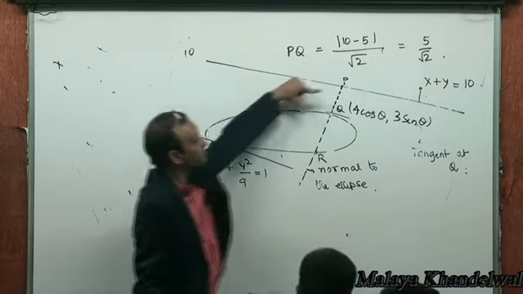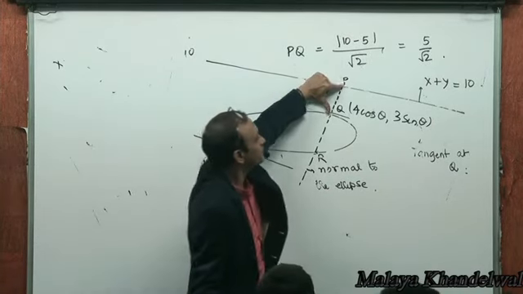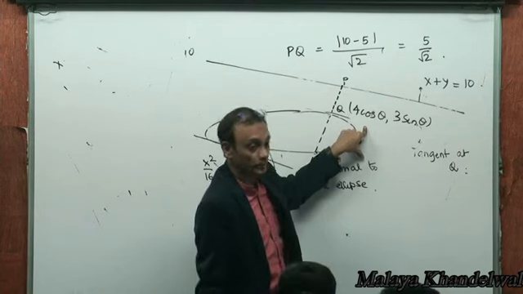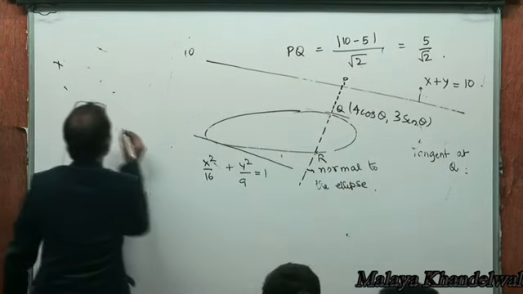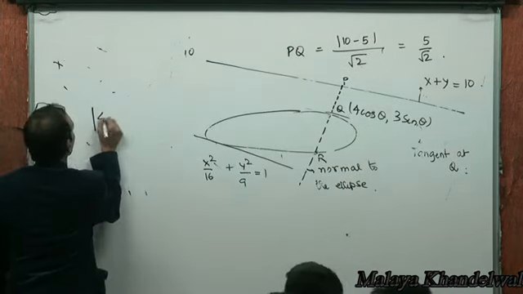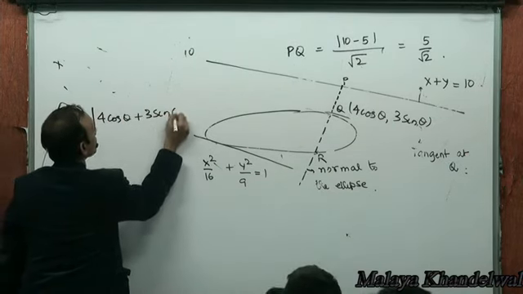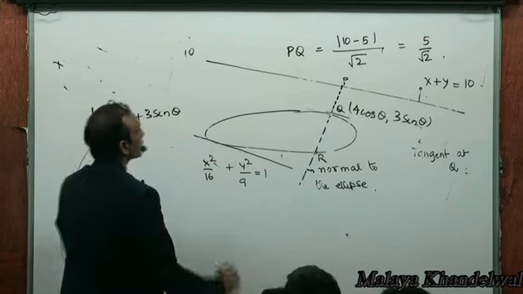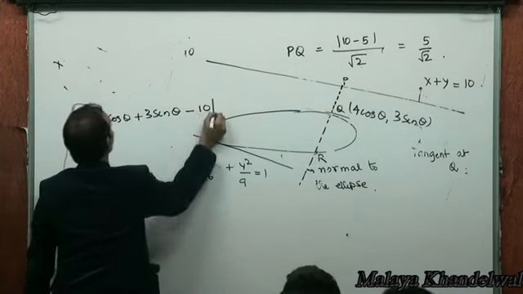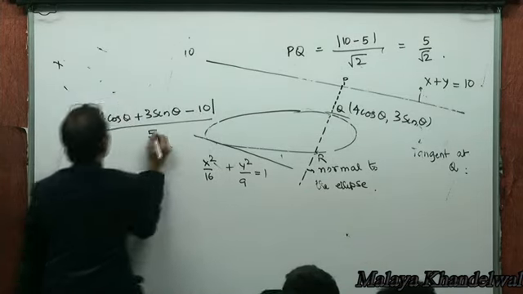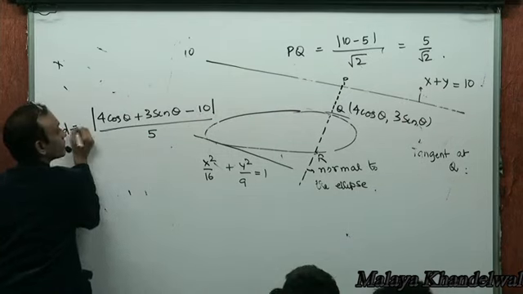Right? PQ, the distance between this line and this point, is going to be mod of 4 cos theta plus 3 sin theta minus 10 divided by root 2.